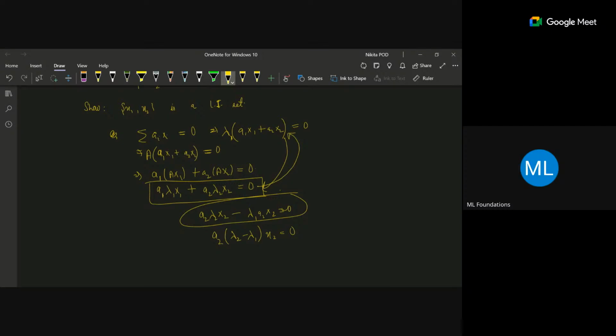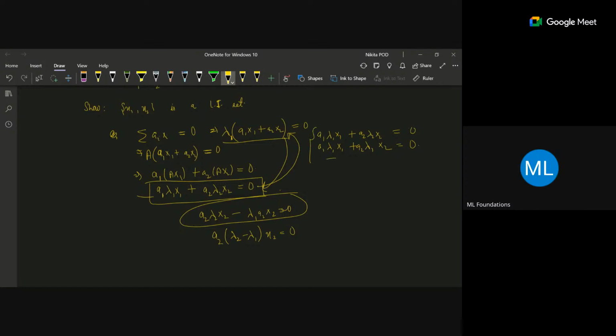So I can just multiply lambda 1 to this equation, and I will get a1 lambda 1 x1 plus a2 lambda 1 x2. Now I take the equation that we had found, which is a1 lambda 1 x1 plus a2 lambda 2 x2 equals 0. We are just solving these two equations now.